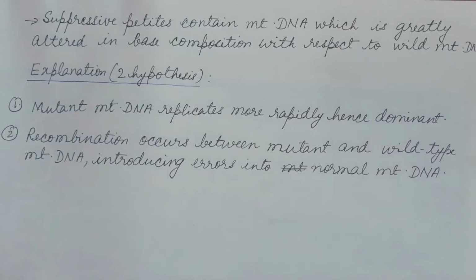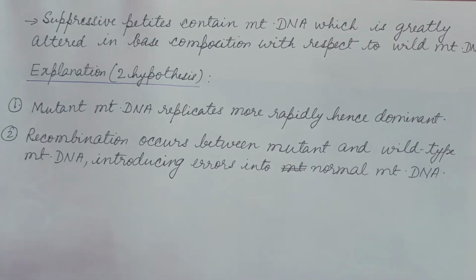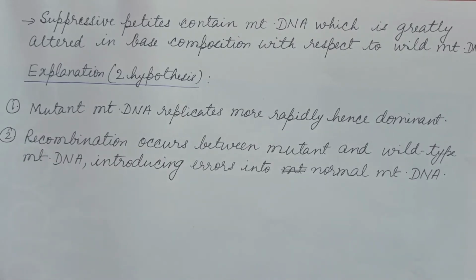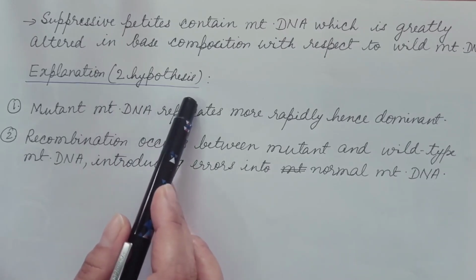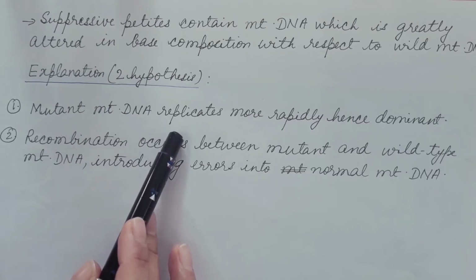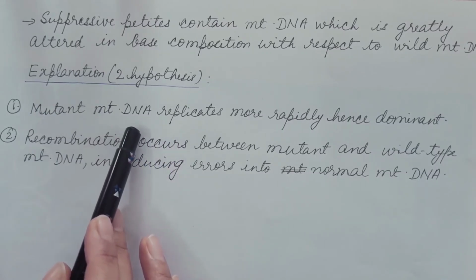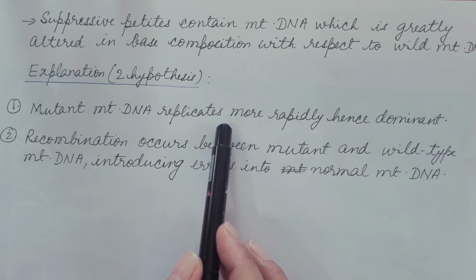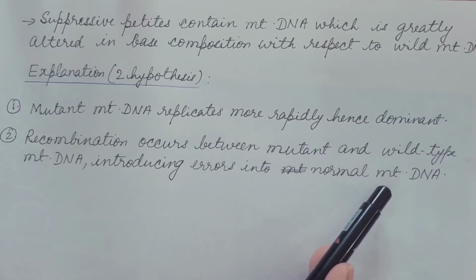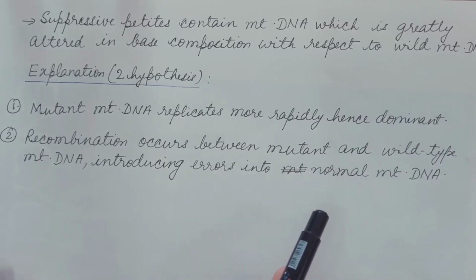So the progeny which we get as a result of the cross between suppressive peptide and normal haploid cell are all peptide. There are two hypotheses to explain this result. Mutant mitochondrial DNA that is present in the suppressive peptide replicates more rapidly compared to the wild mitochondrial DNA in the zygote, as a result of which most of the progeny are peptides.